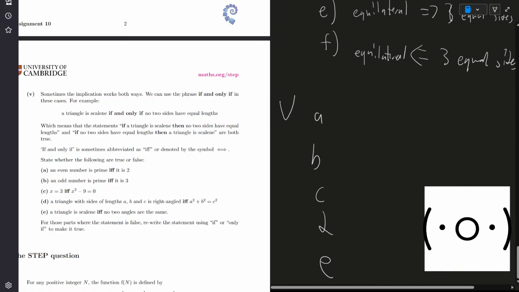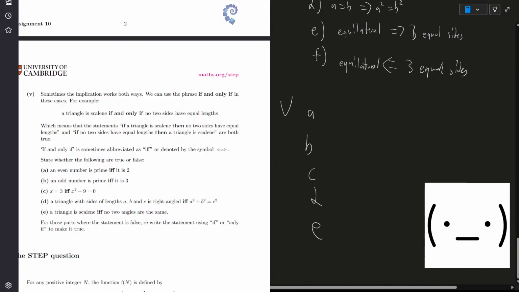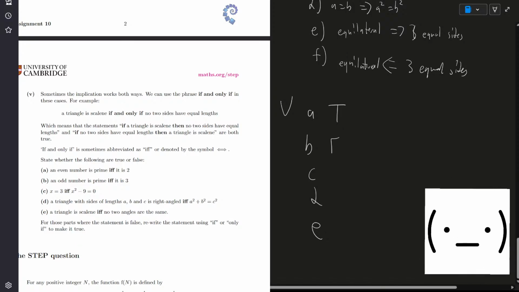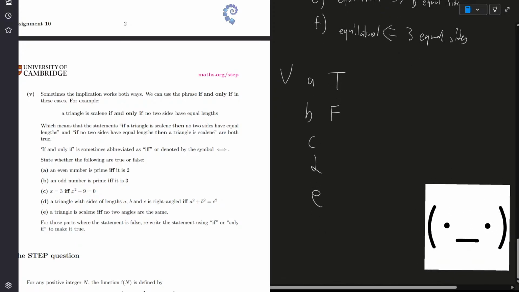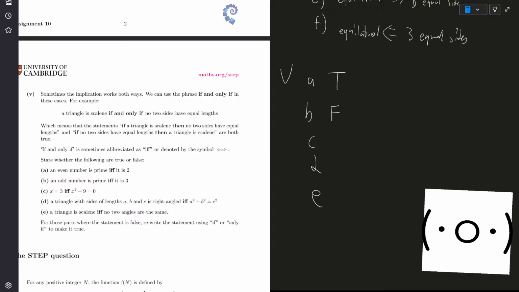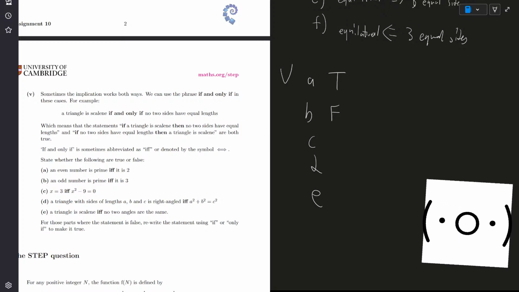An even number is prime if it is 2. If and only if it's 2. Yeah. An odd number is prime if it's 3. False. X equals 3 if x squared minus 9 equals 0.